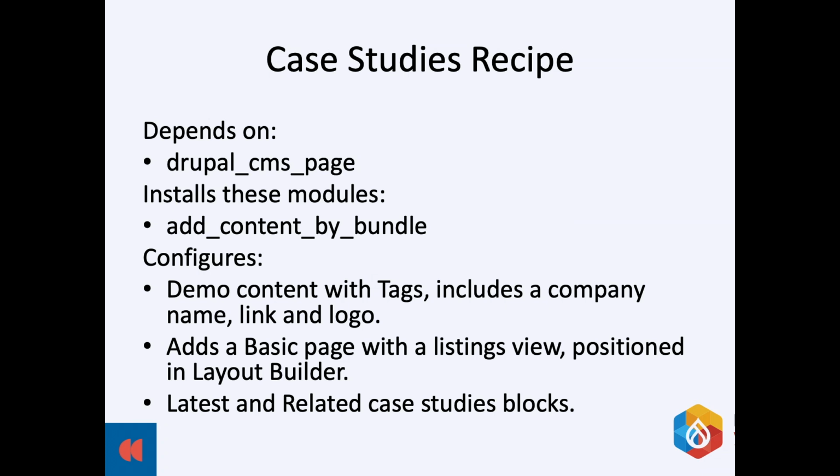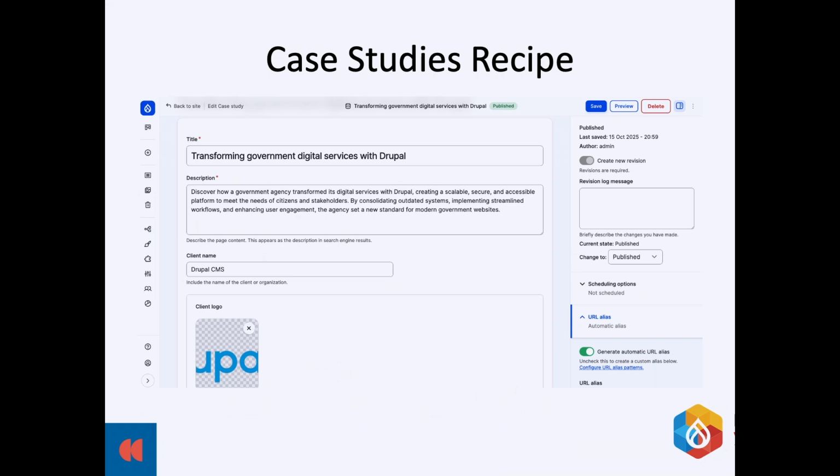I never found out where the latest case studies block appeared, but it exists. But the related case studies is, again, when you install more than one, at the bottom. There you can see client name and client logo. Further down is the client link. It's kind of Drupal engine.